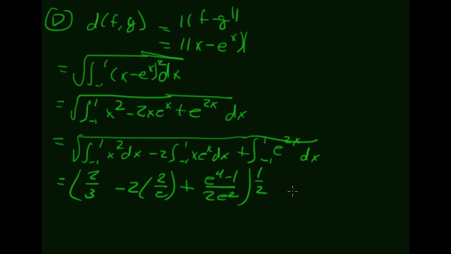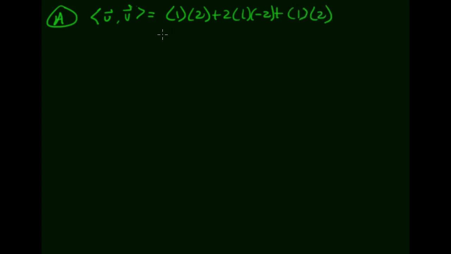and we'd be good. All right, so let's look at number 6. So 6 wants the angle between the vectors. If I use u and v here, when I take the inner product, I get 1 times 2 plus 2 times 1 times negative 2 plus 1 times 2, which comes out as 2 minus 4 plus 2, which is 0, which is fantastic because that means that the cosine of theta is 0 over the norm of u times the norm of v.